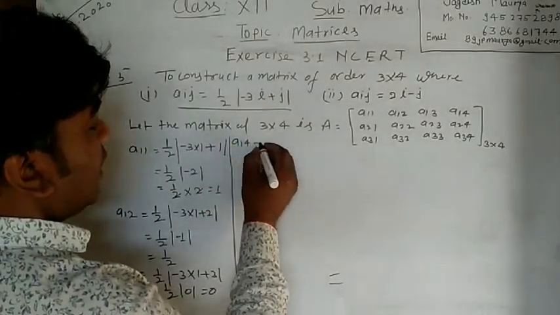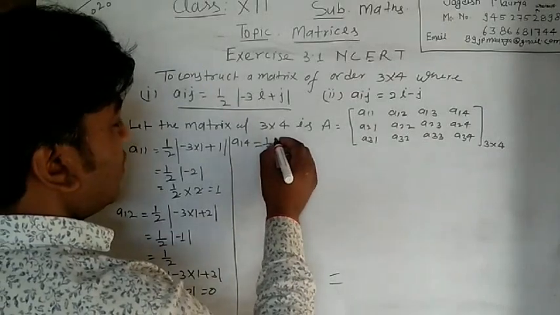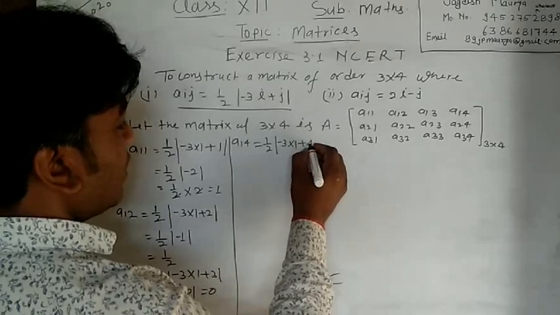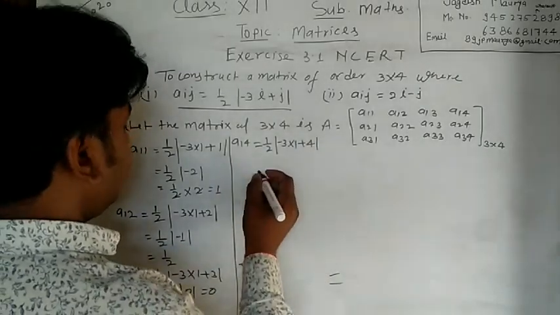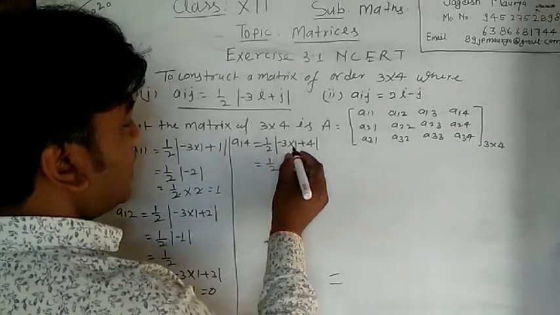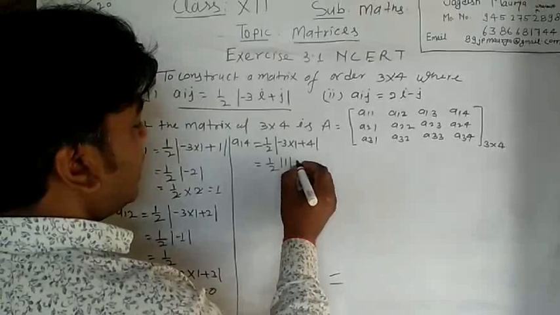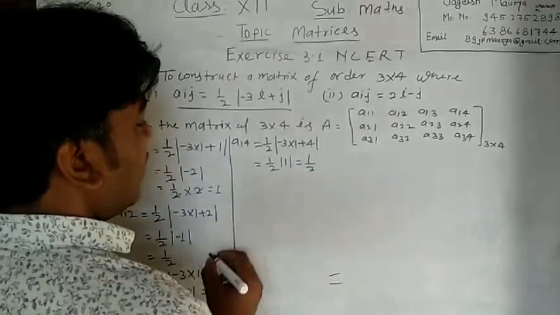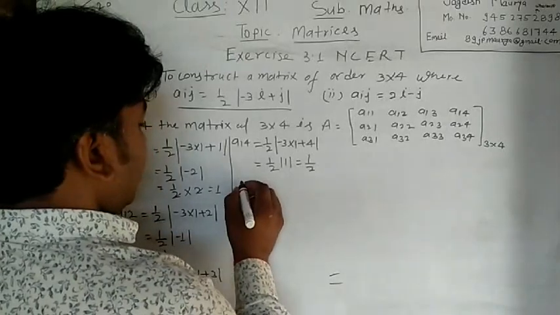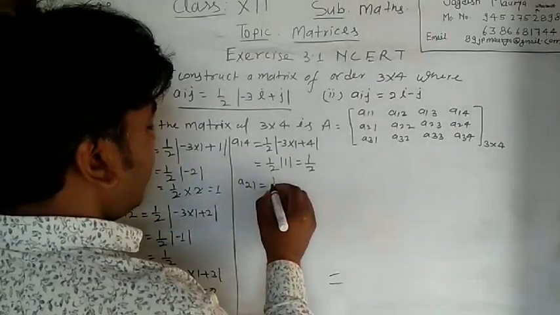A14: 1 by 2 mod of minus 3 into 1 plus 4. This will come 1 by 2 mod of minus 3 plus 4, mod 1, and this equals 1 by 2. Mod 1 means 1. Here A21 equals 1 by 2.